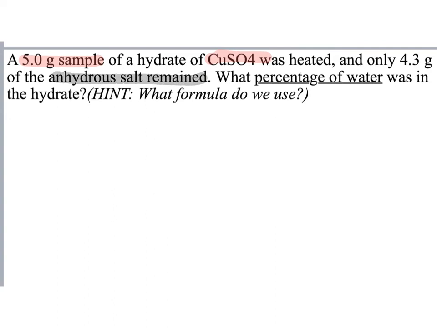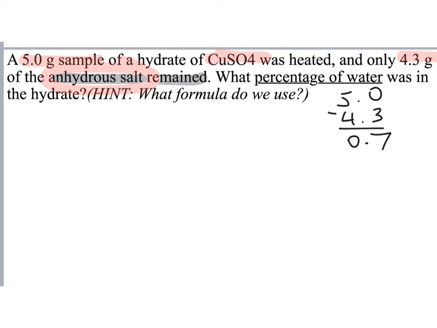So we had 5 grams originally, and when we got rid of all the water, because that's what anhydrous salt is, it weighed 4.3 grams. So we know that water was 0.7 grams, and I'm doing that by saying 5.0 minus 4.3 is 0.7. We know that's the mass of water in this particular substance.